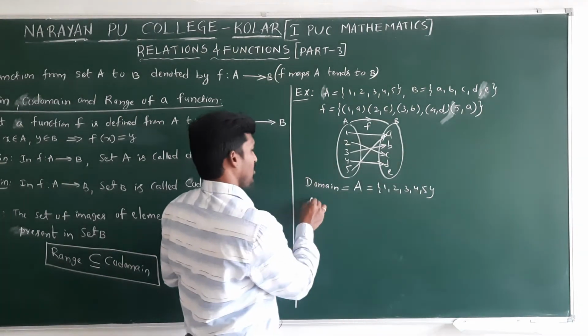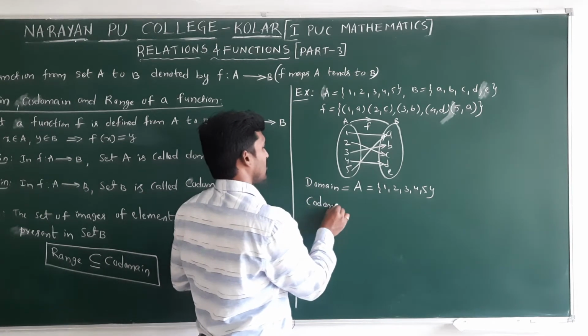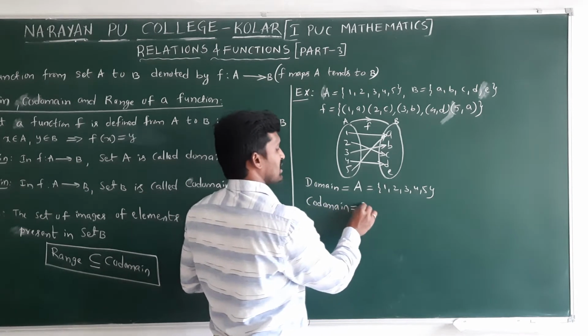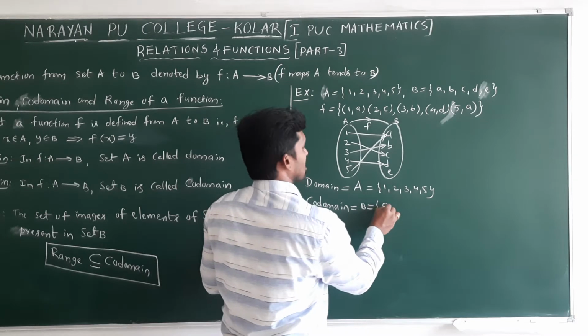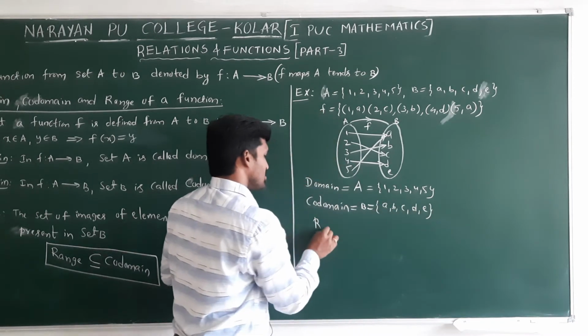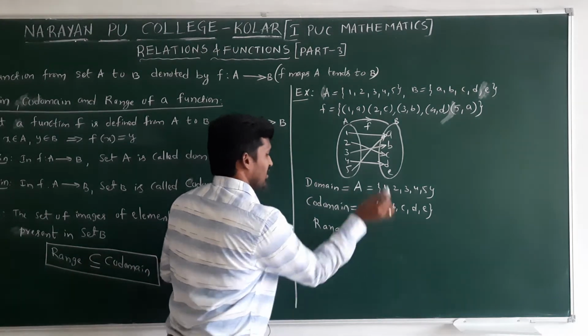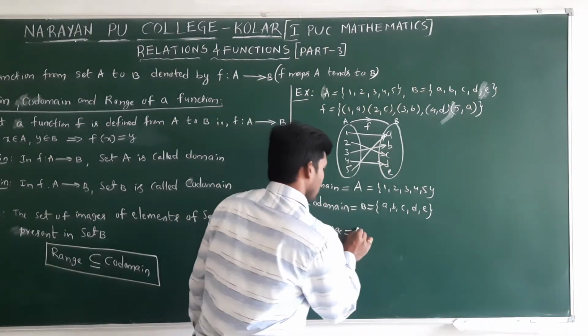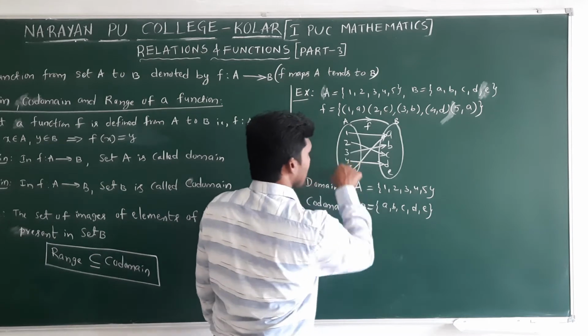Codomain means the complete set B: a, b, c, d, e. Range: what is the set of images? Which are images of these elements?